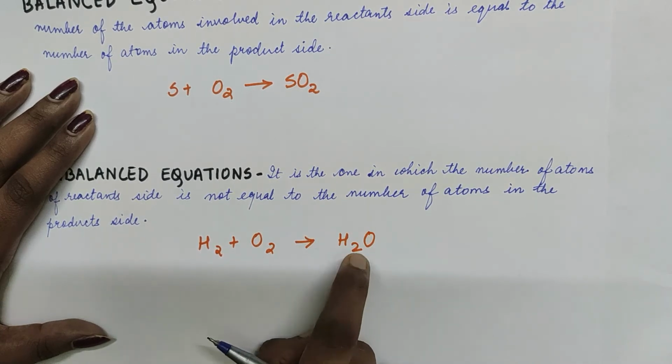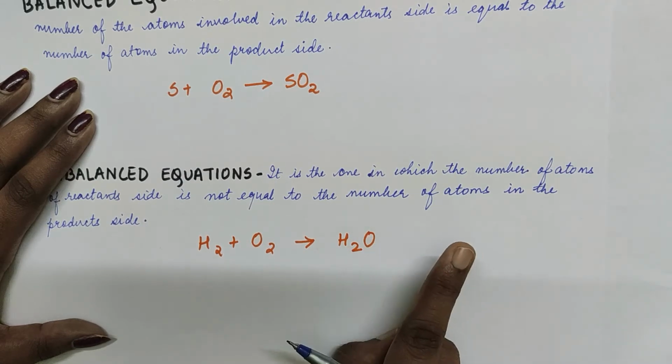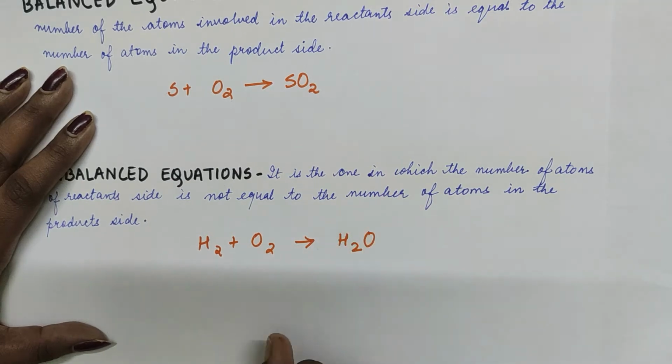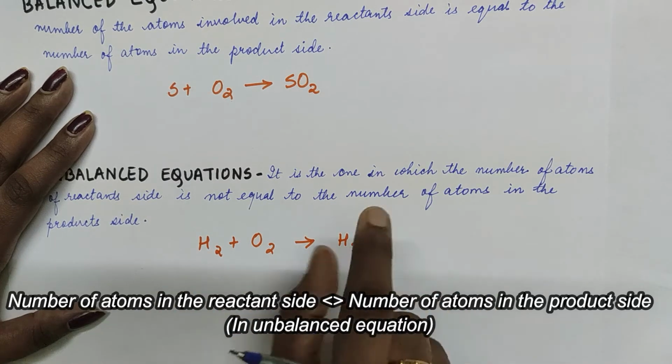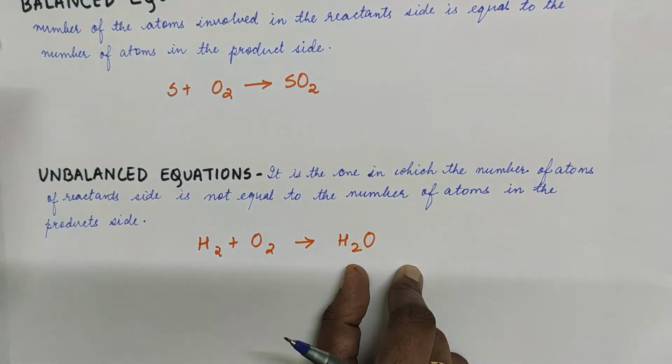But on the product side, the hydrogen is 2 but oxygen is 1. So what do I do to balance this? We'll be learning how to balance the equation. So let us learn how to balance the equation.